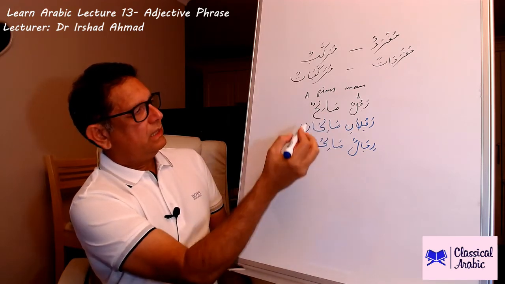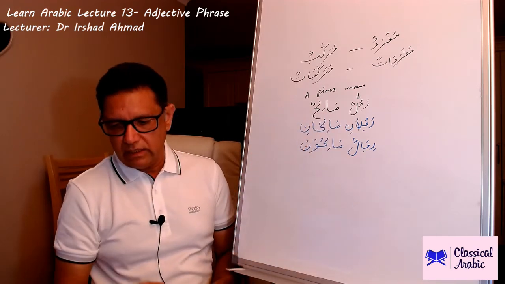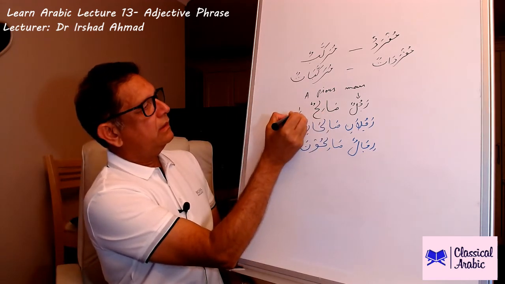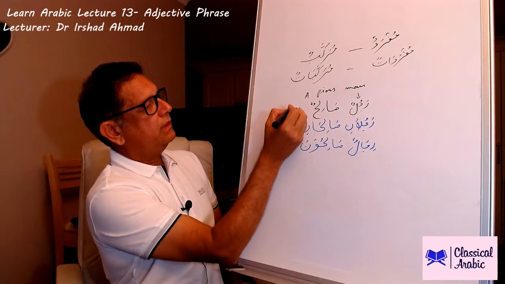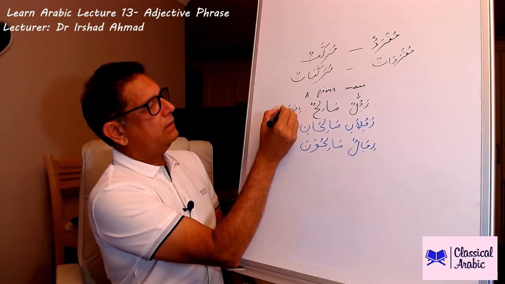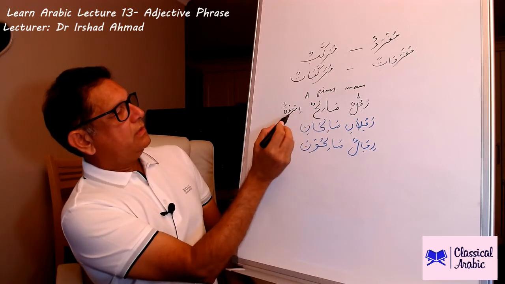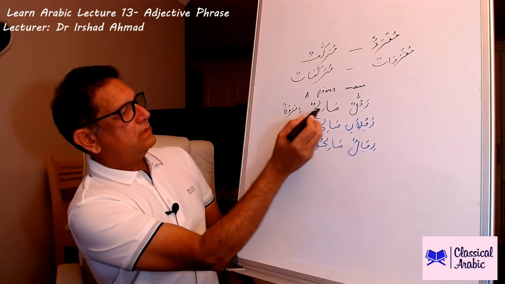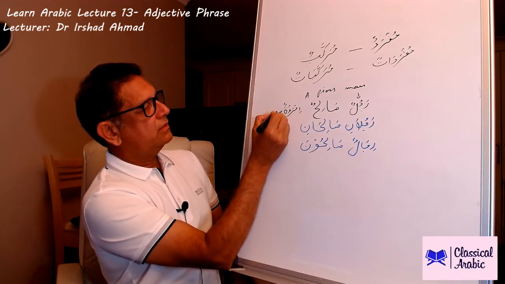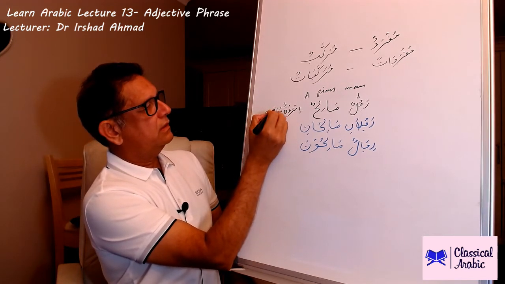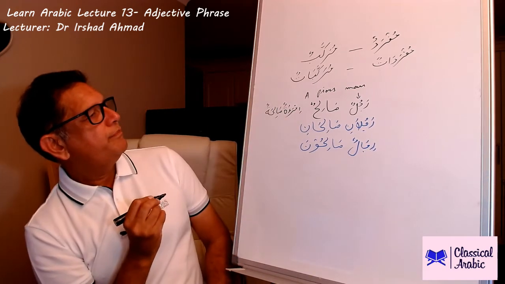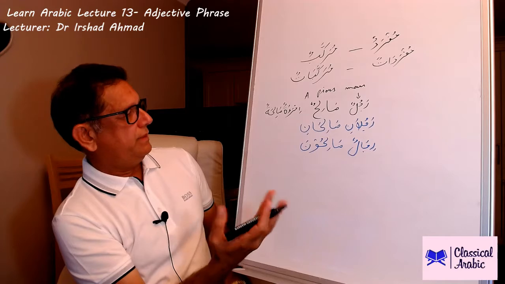Then we can change rajulun to imra'atun, a woman. So now this will become muannas, sifa will have to become muannas as well, imra'atun salihatun, a righteous woman.